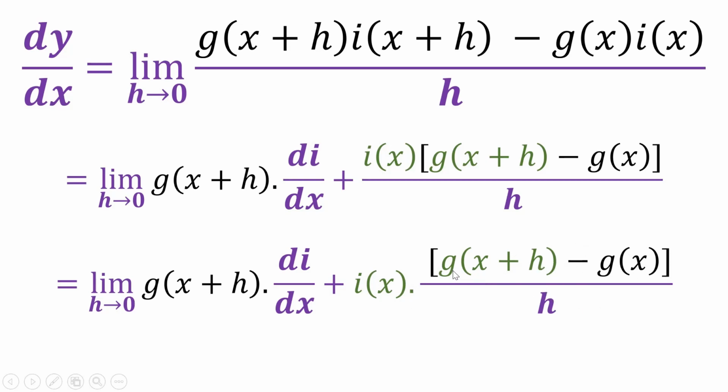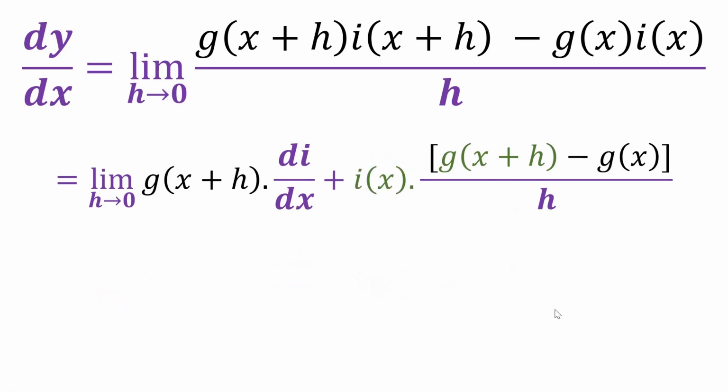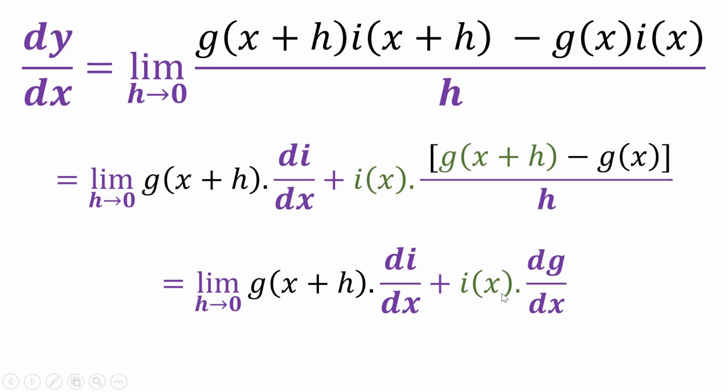But clearly, this is also a derivative. j of x plus h minus j of x over h is the derivative of j with respect to x. So I can also rewrite it as this. Now this is where we are.